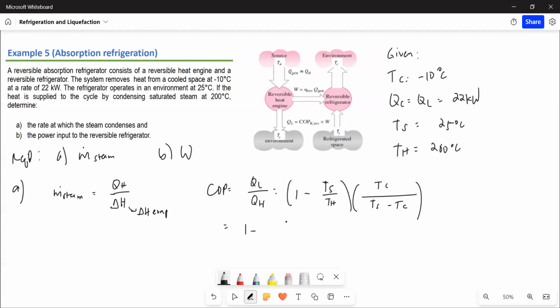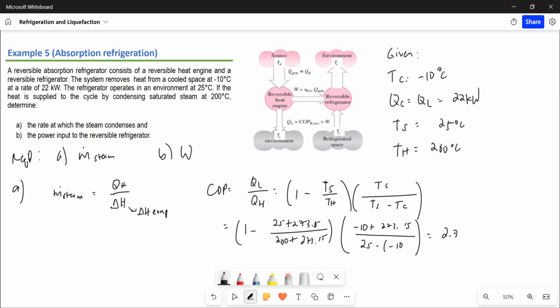So that's 1 minus 25 plus 273.15 divided by 200 plus 273.15, and then TC is negative 10 plus 273.15 divided by 25 minus negative 10. Okay? We will get COP equal to 2.78.